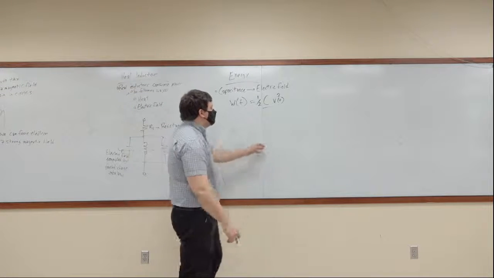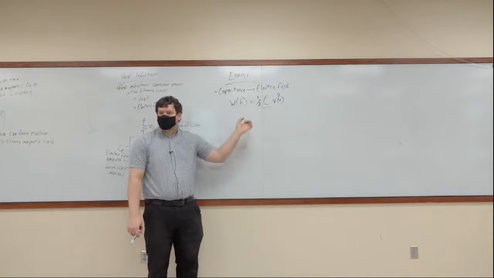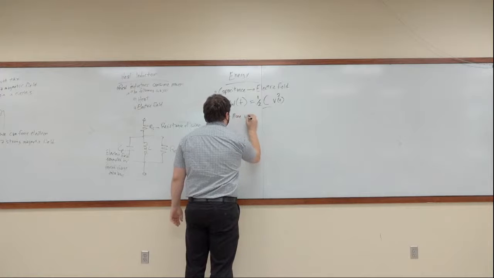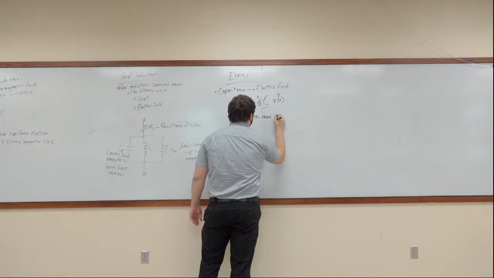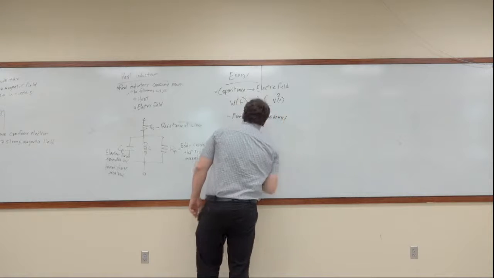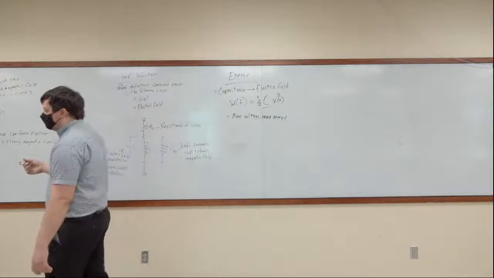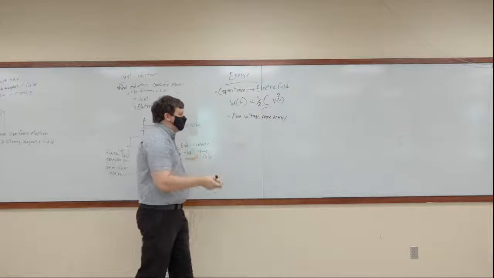The idea here is the more voltage you have on a component, the more energy you're going to have. Okay, but similarly, because of Q equals CV, the more charges are separated on plates, the more energy you will have.